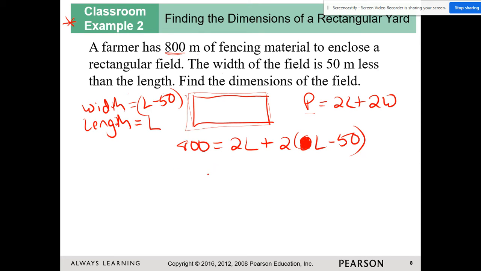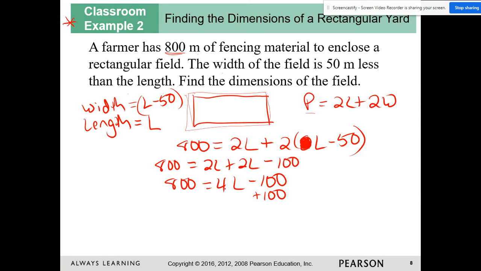Okay, so we are going to solve. So we have 800 is equal to 2 times L minus 50. We're going to distribute the 2, and remember to multiply the 2 times the 50. We're going to combine like terms. And then we have to get the 100 on the other side, so we're going to add 100 to both sides.